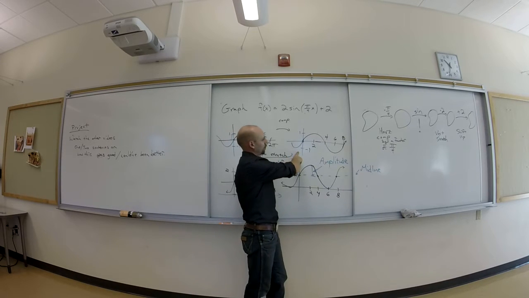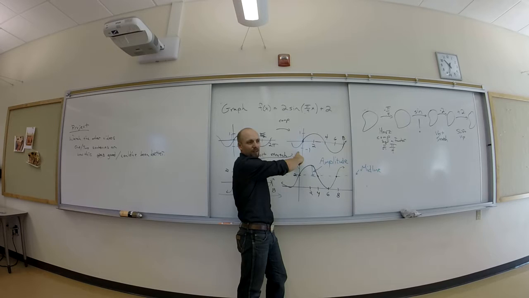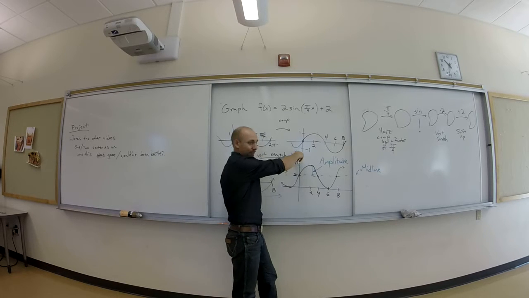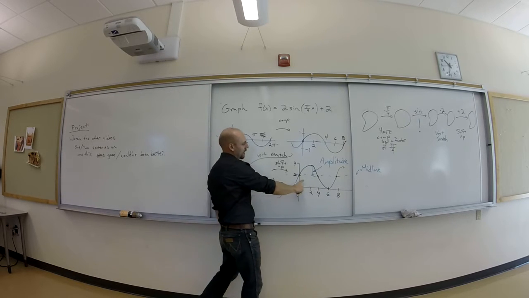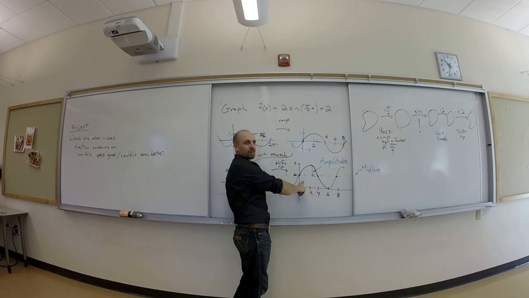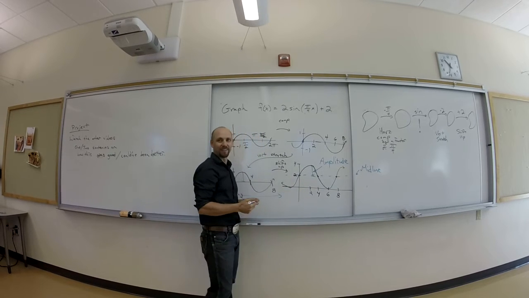Here my amplitude was 1 and my midline was 0. Here my amplitude was 2 and my midline was 0. And now at the end, my amplitude is 2 and my midline is also 2. You guys see that?